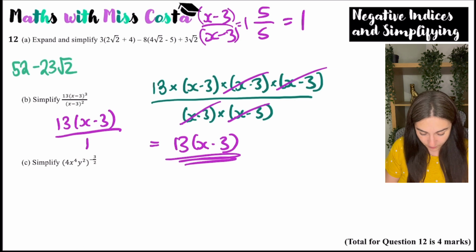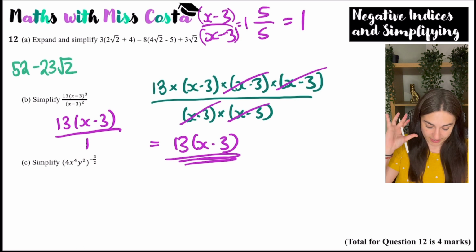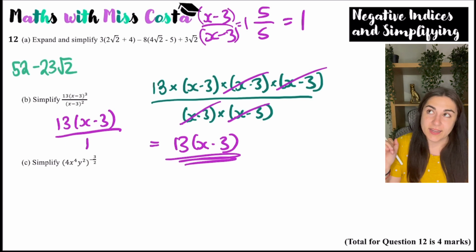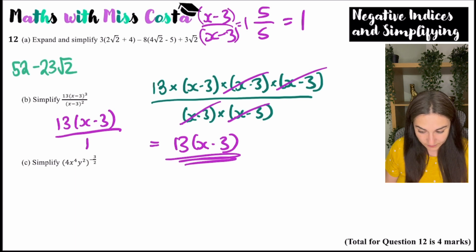Okay, for the next part, we've got this algebraic expression to the power of negative 3 over 2. So when it's a negative, either you figure out what it is and at the end you just switch it over. So basically, if you see a negative, it means it's reciprocal.